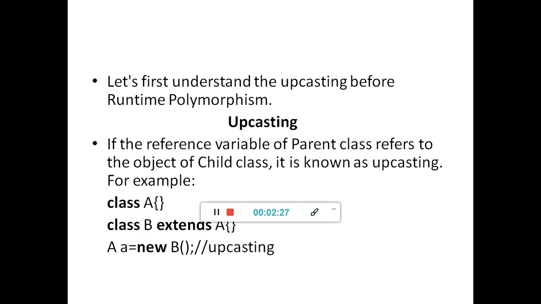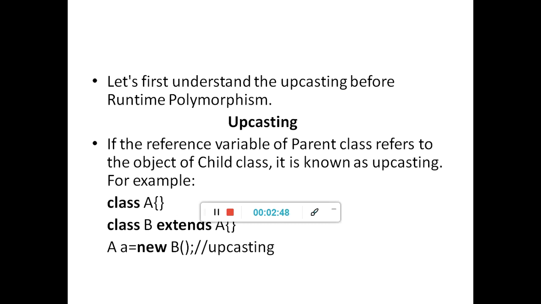Before going in depth regarding runtime polymorphism, let me tell the basics regarding upcasting. Upcasting means that if the reference variable of the parent class, that is class A, refers to the object of the child class, that is class B, we generally term it as upcasting.